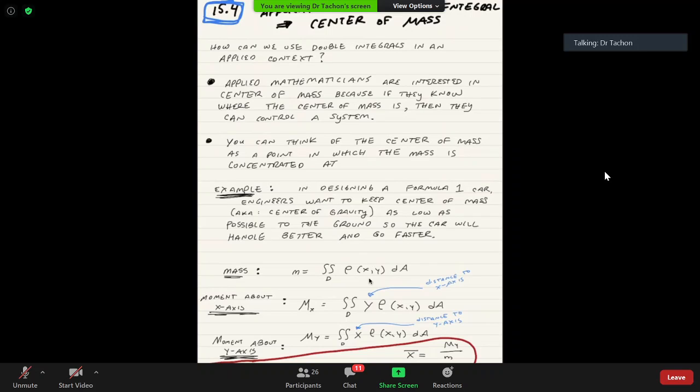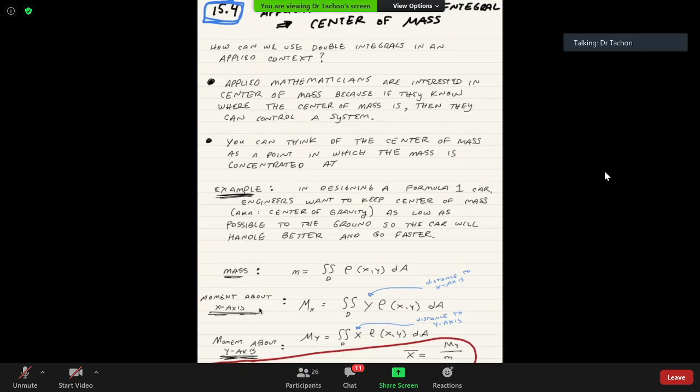So this is the density. The mass is adjusting for the variable density. To get the mass, you're going to set up a double integral, and we're only doing one example of this because it's long. Then you get your moments: the moment about the x-axis and the moment about the y-axis. They call them the first moment about the x and the first moment about the y.